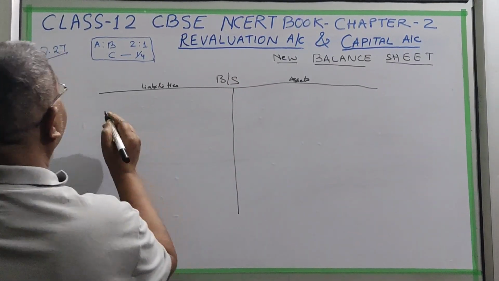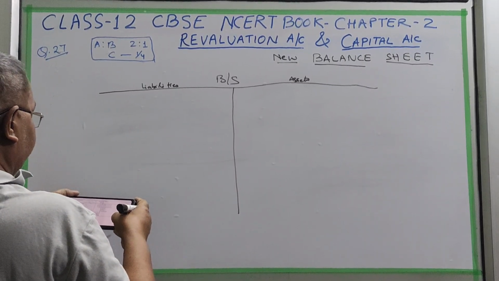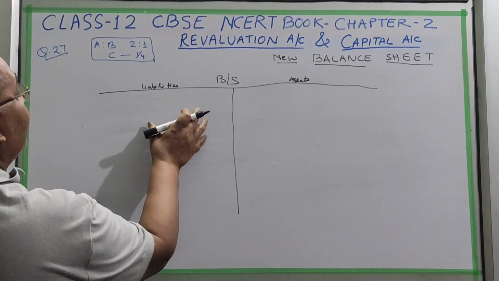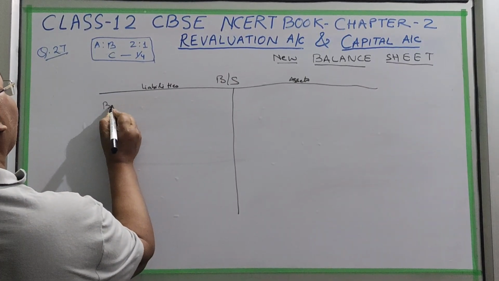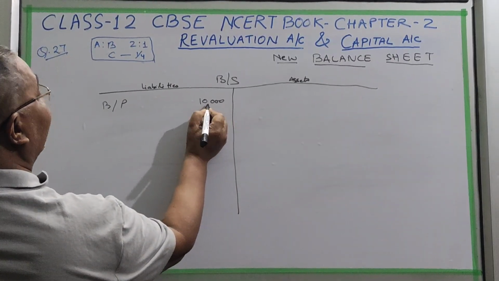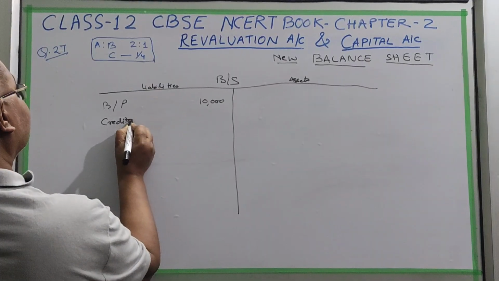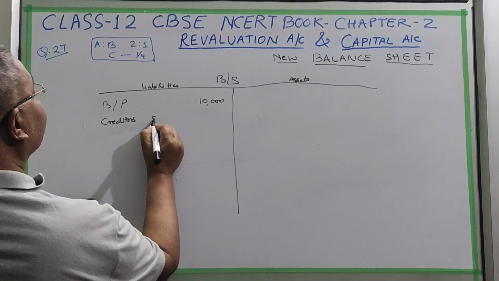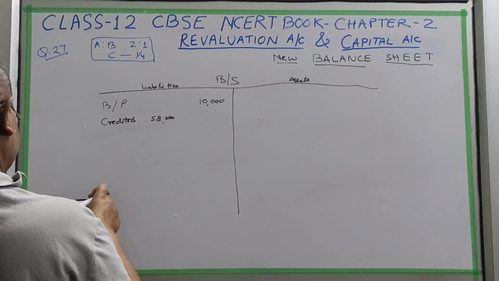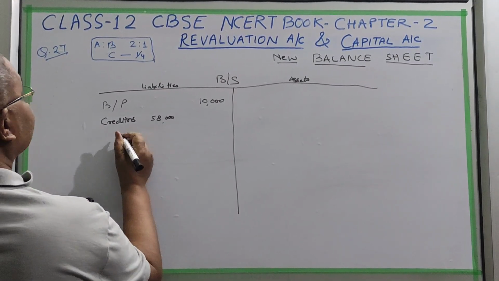So now first you have to write the capital accounts. Or from here old balance sheet you can go by serial also. So in the old, bills payable is there 10,000. We are also going by serial. Then creditors was 58,000, but we have increased creditors by 1,000.